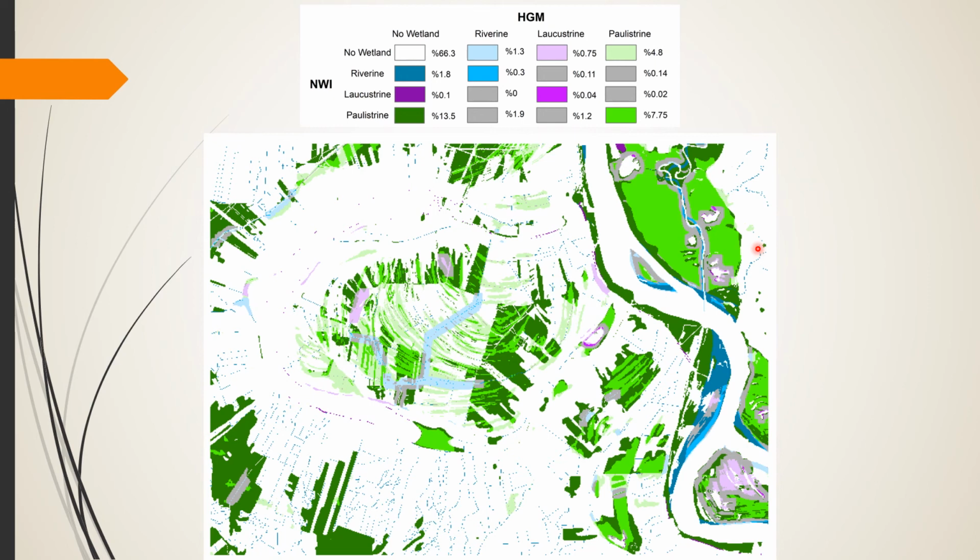So a possible explanation for the discrepancy between these two systems is some sort of temporal uncertainty, in that potentially when this data was collected, these were wetlands here, and agriculture or urbanization took over the wetlands, and they are no longer considered wetlands within the HGM classification.